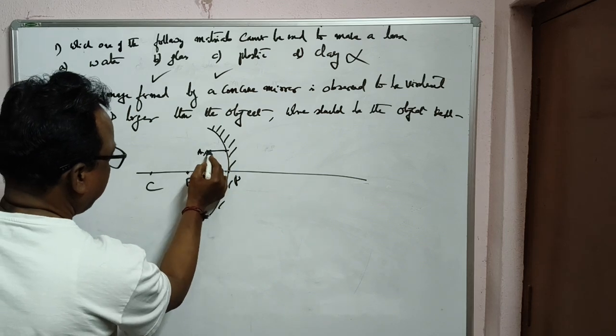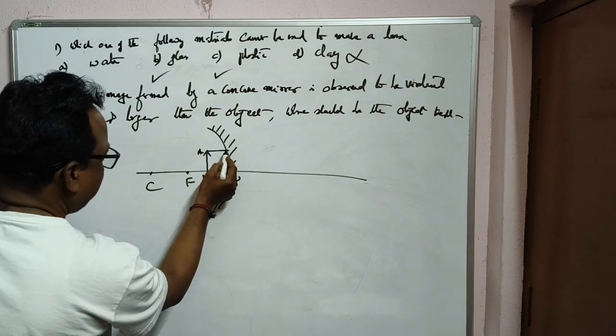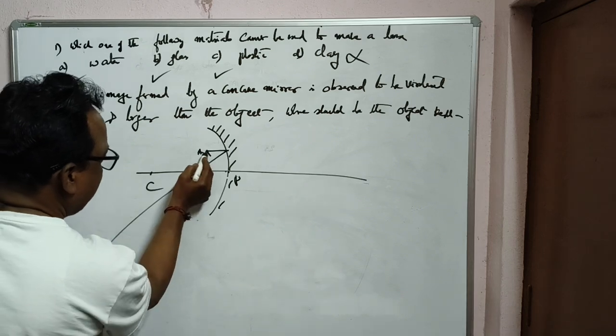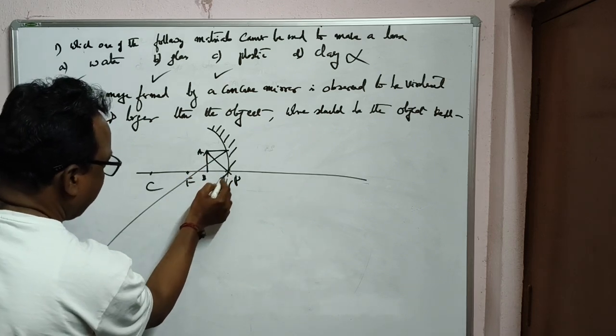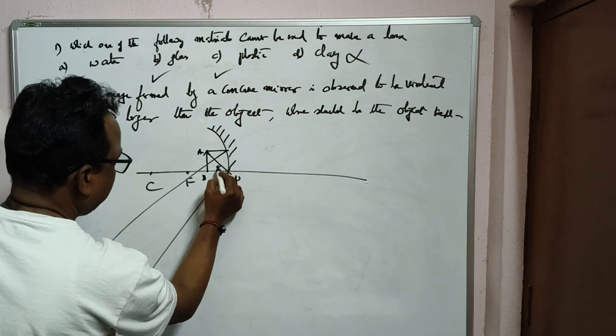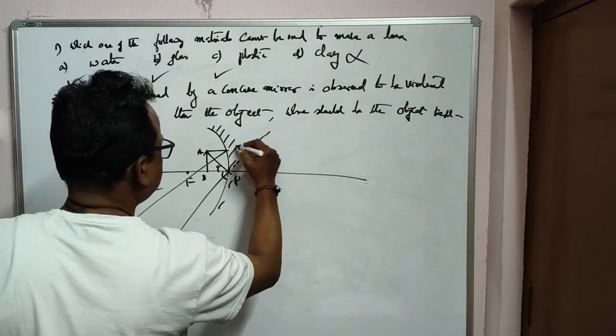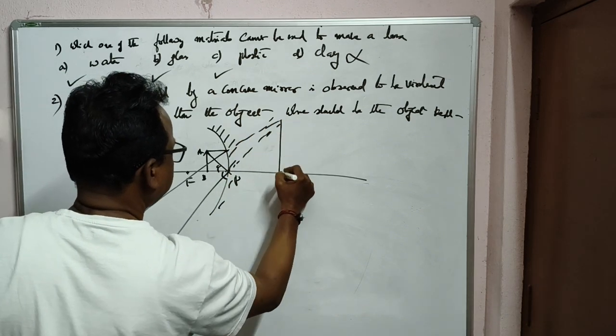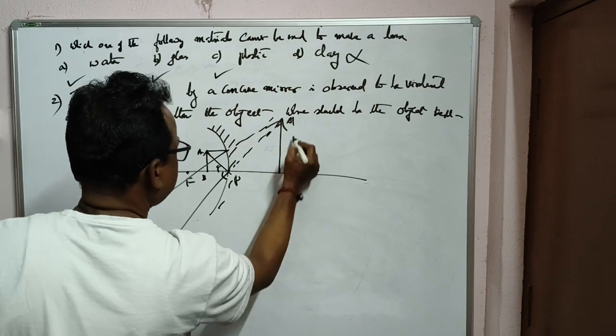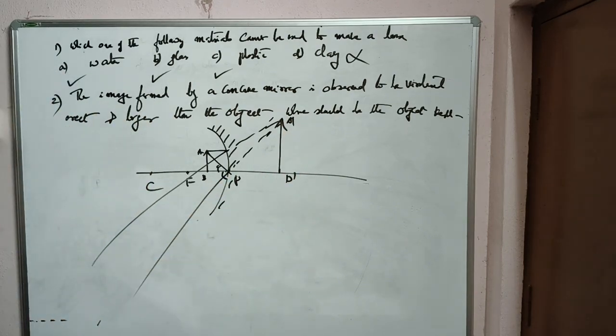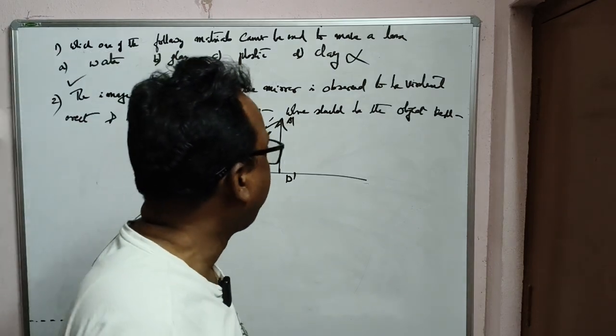One ray is going parallel and coming like this, another through the pole and reflecting. If you extend these two lines, you can see they meet somewhere. You can see A dash, B dash. So the image is much larger, upright and erect.